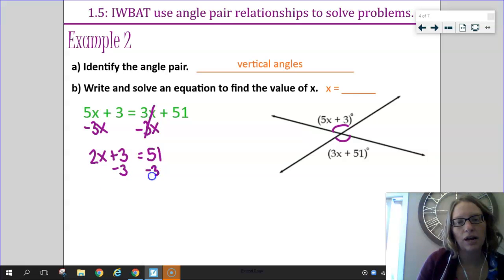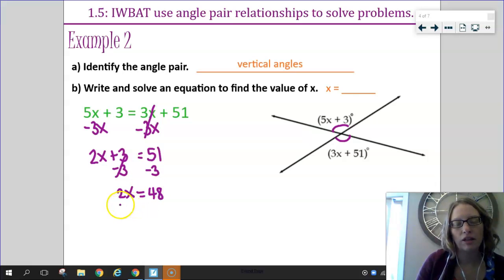Subtract 3 from both sides, and I get 2x is equal to 48. And finally, my last step will be to divide by 2, so that I get x is equal to 24.